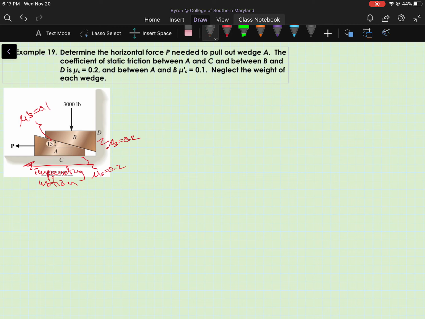Okay, well, we need to solve for P, so I'll start by drawing a free body diagram of wedge A. Okay, so this is A. I know I have the unknown force P acting on it. I have a normal force acting upwards. Call that N sub 1.